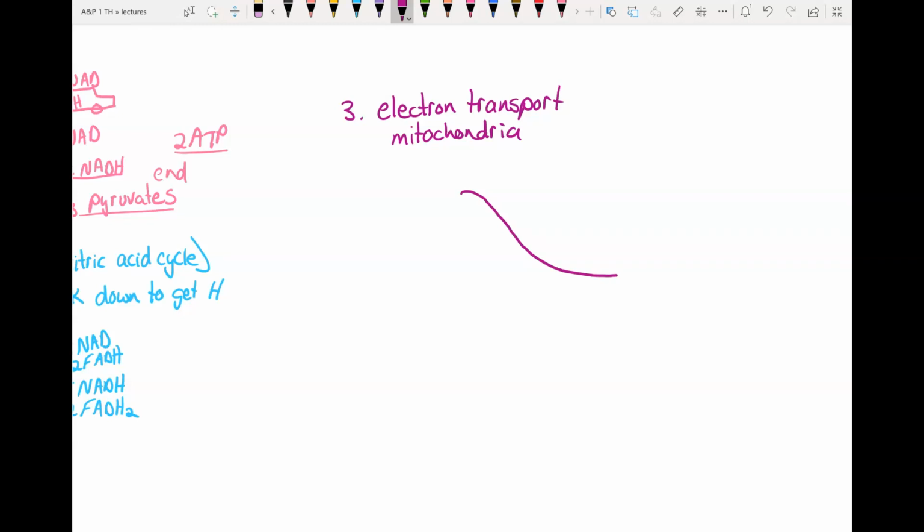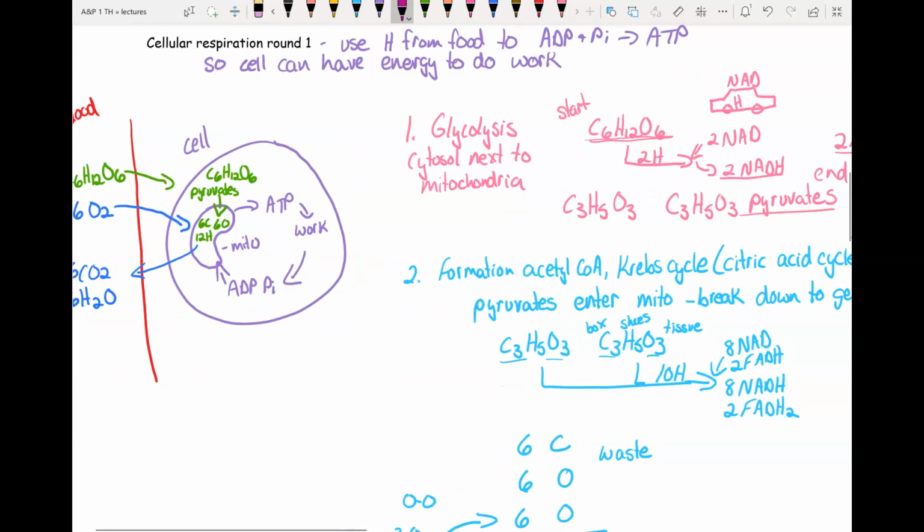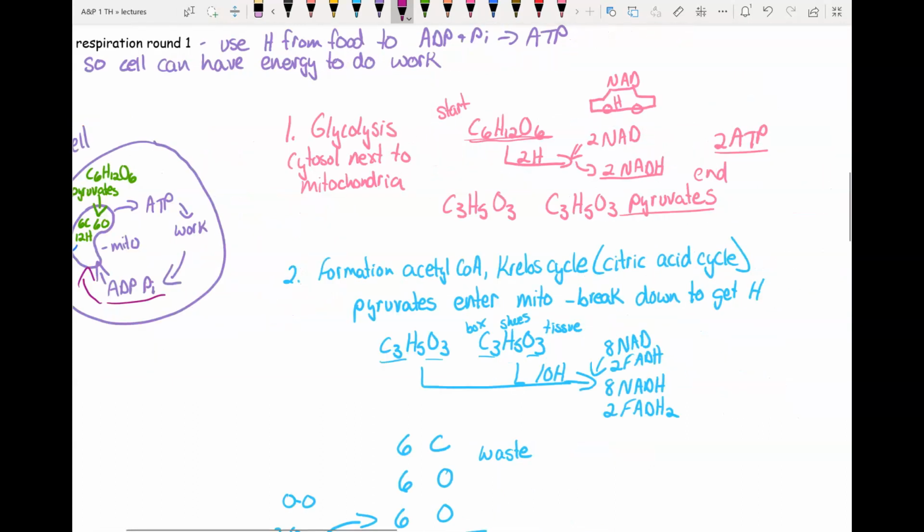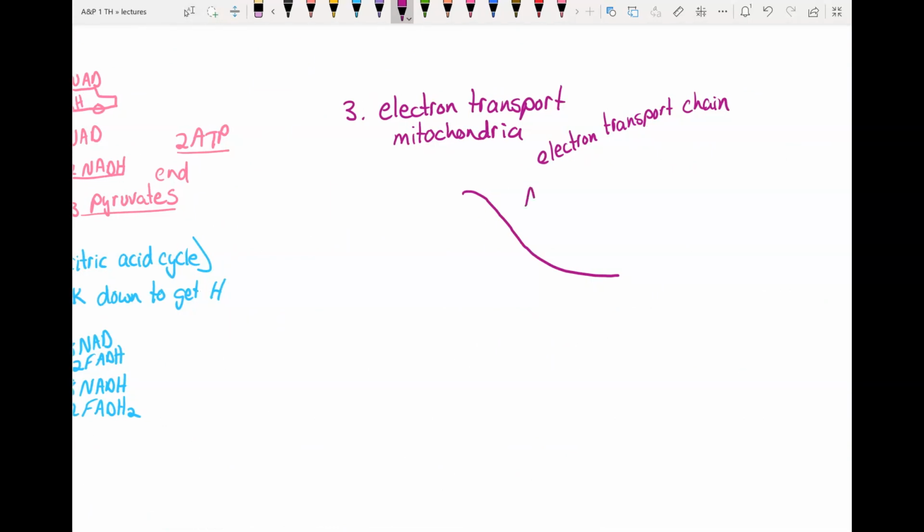That is the electron transport chain. Back over here where I said those ADP and Pi go back into the mitochondria, when they do, they go to the electron transport chain. So right here, we're going to have ADP and that P by itself.